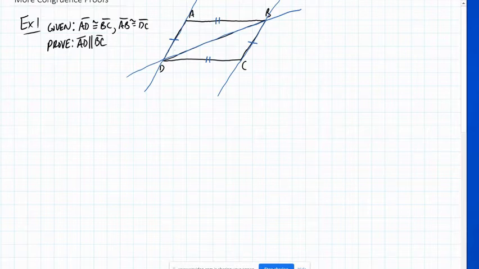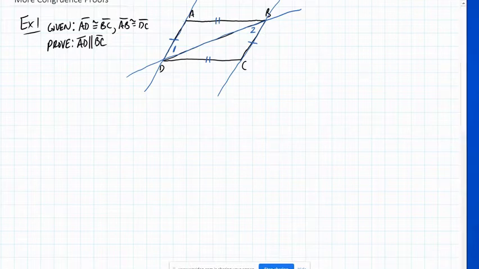Well, we learned that if corresponding angles are congruent or if alternate interior angles are congruent, then the lines must be parallel by the converse of those parallel line theorems. And so if we can show, for example, that angle 1 and angle 2 are congruent, then that would be enough to prove that those lines are parallel. So let's think how we can do that.